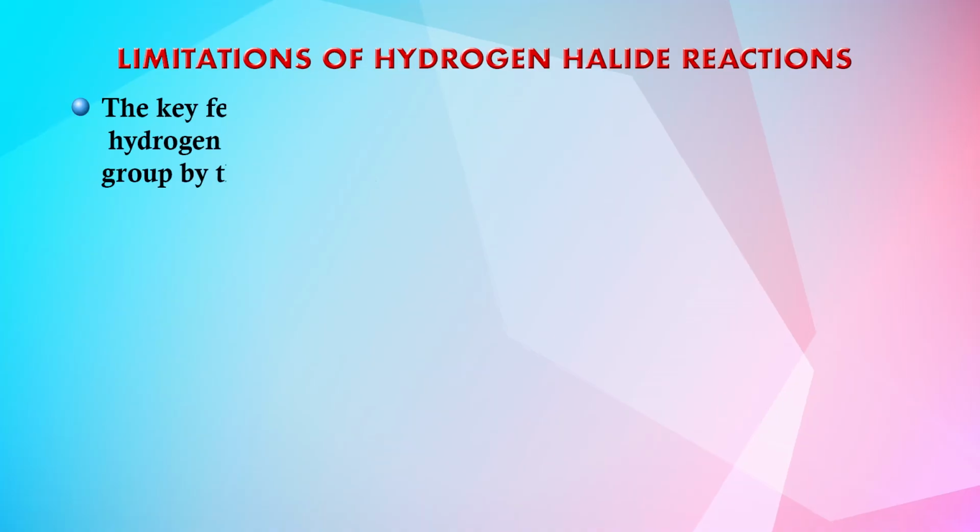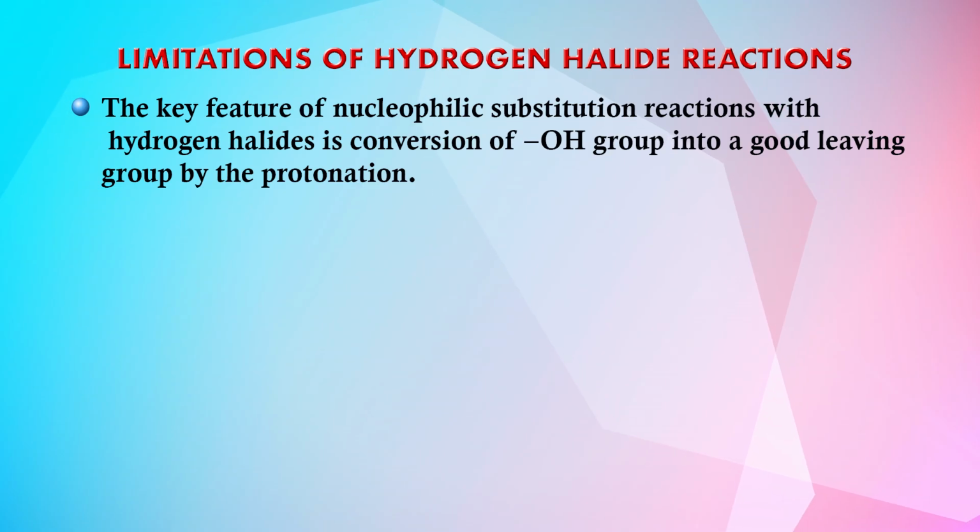What are the other drawbacks? We know that the key feature of nucleophilic substitution reaction with hydrogen halides is conversion of the OH group into a good leaving group by protonation. That means we are carrying out the reaction in acidic medium. If we are carrying out the reaction with HCl, we will have to use additional zinc chloride, because zinc chloride will make a coordinate bond with a lone pair of electrons on the oxygen of the hydroxyl group, thereby creating a positive charge on oxygen, which will help in the cleavage of the C-OH bond.